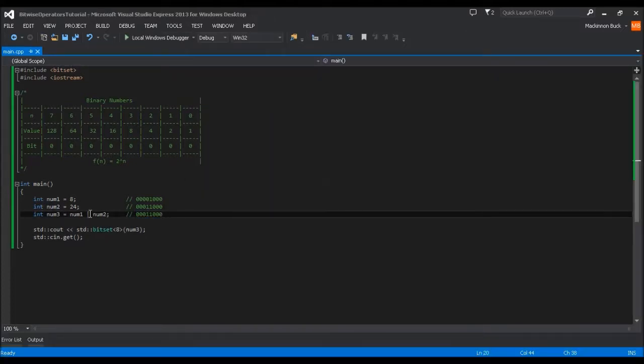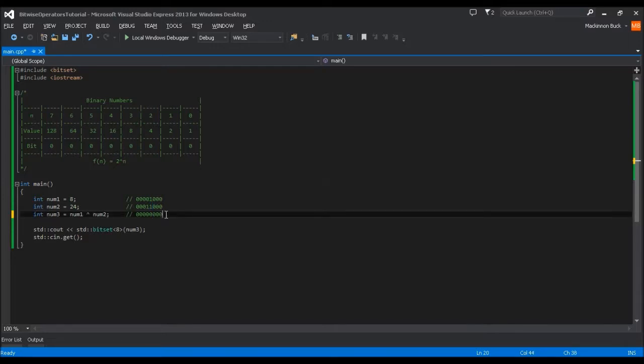I have one more bitwise operator for you before I take a quick break, and that is the bitwise, I don't even know how it's pronounced, XOR. It's similar to the bitwise OR, except if both numbers are 1s, it stays as a 0.